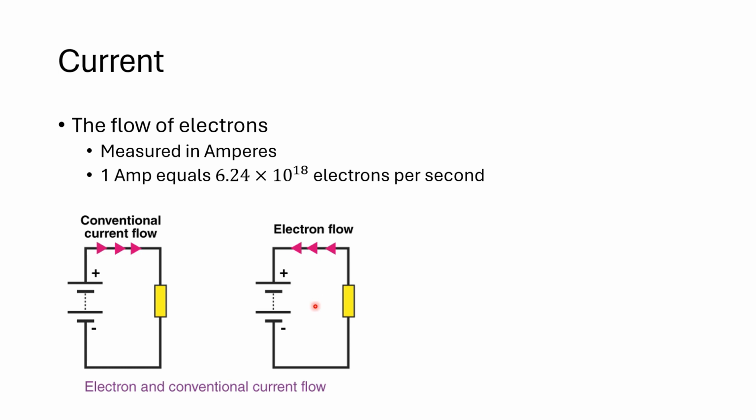So the electrons are actually flowing around the other direction. This is because Ben Franklin a long time ago didn't know this, so he set up this convention that said, oh, well, everything must go from positive to negative. And that's the way that we do our math today, but in reality, the charge carriers are moving from negative to positive.